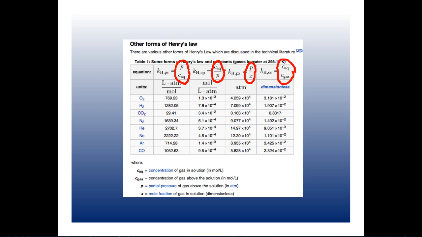It's important to realize how to distinguish between these, and the way to figure it out is always the units. The units tell us the relationship between the pressure and the concentration, and in particular what concentration unit we're using. So when you get a Henry's law constant, remember, it depends on the solute, which gas is it, the solvent, in this case this table shows the constants for water, and the units, which tell you about what concentration and what pressure are being used.